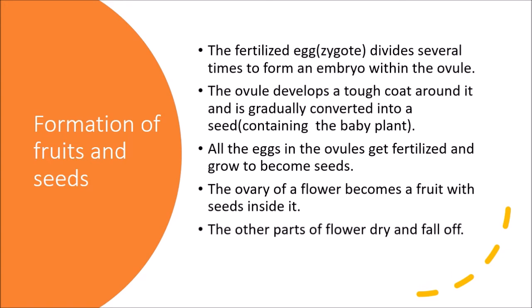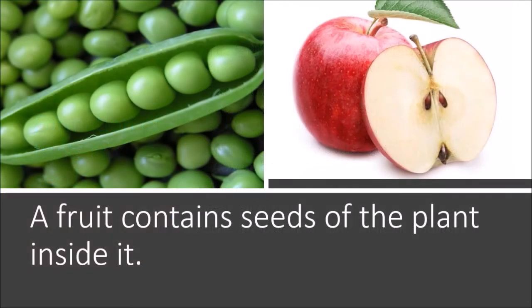The other parts of the flower that are left, for example the sepals, petals, stamens, stigma and style, all dry up and fall off. The fruit bears the seed and it protects the seed. Now, the fruit contains seeds of the plant inside it.